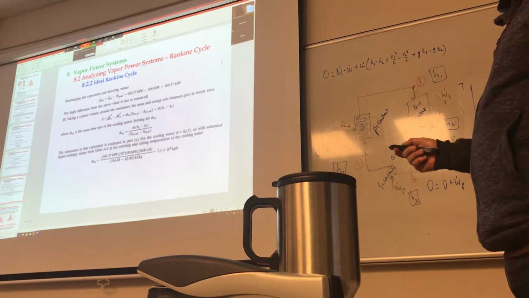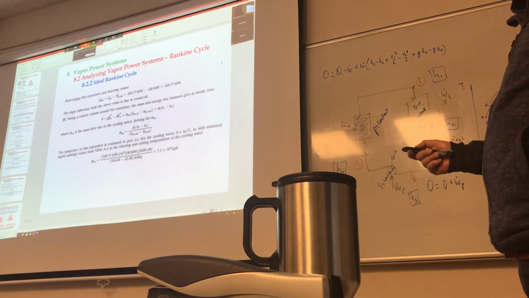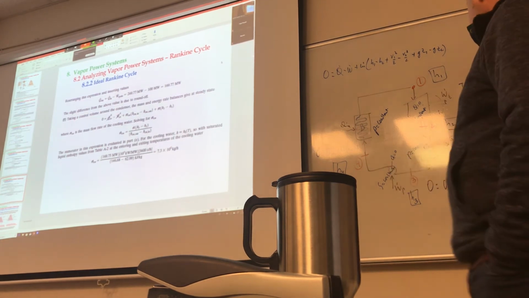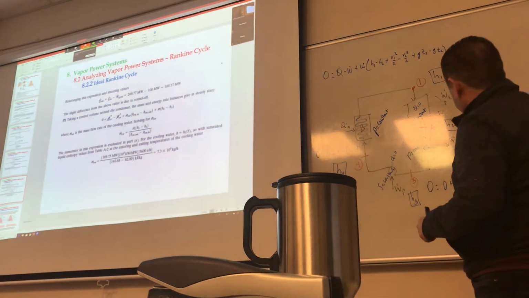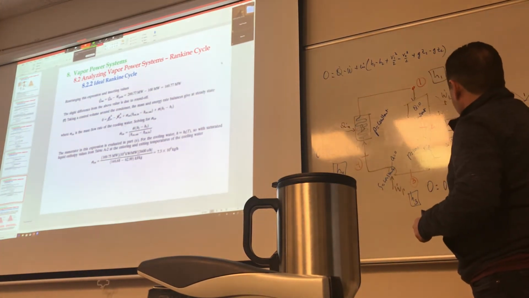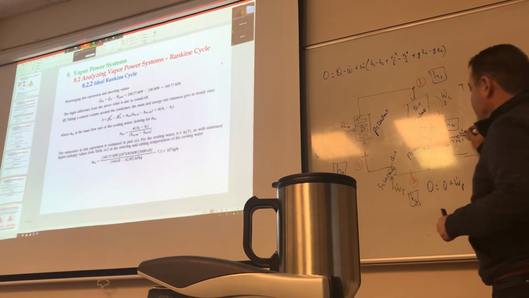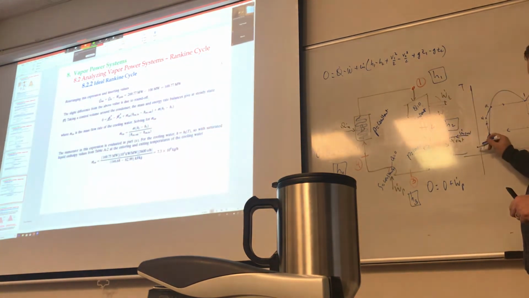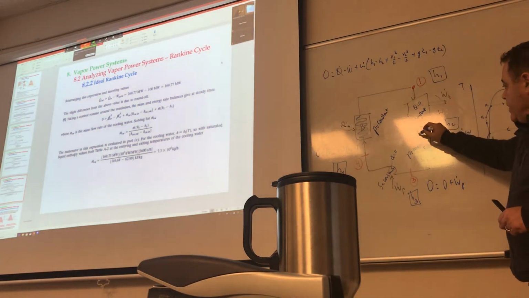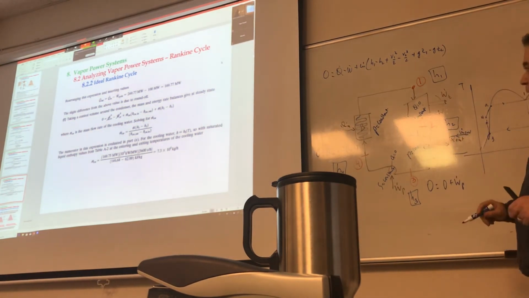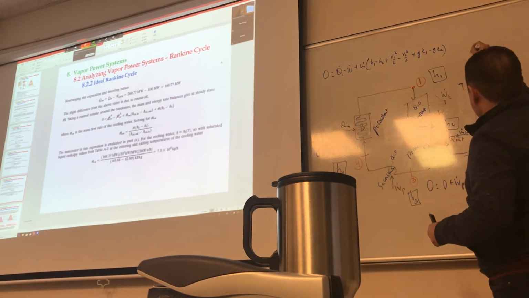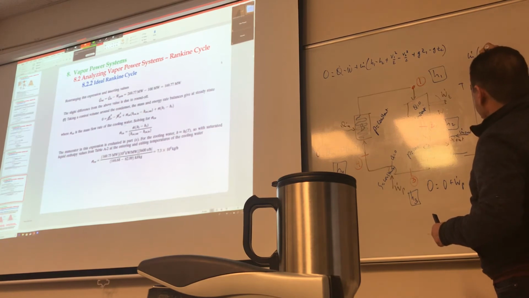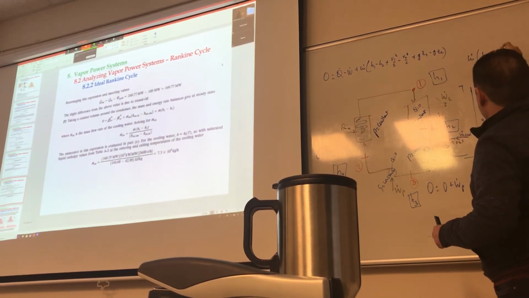The only thing that may be of interest in here is the last part, which is in the condenser. To cool the condenser, what do we typically do? We run a mass flow rate of cold water, coming in from outside and going in here. And obviously here you have a mass flow rate that's coming in for the water. And then it's just an energy balance between the two, because the Q here is equal to m dot times H2 minus H3.